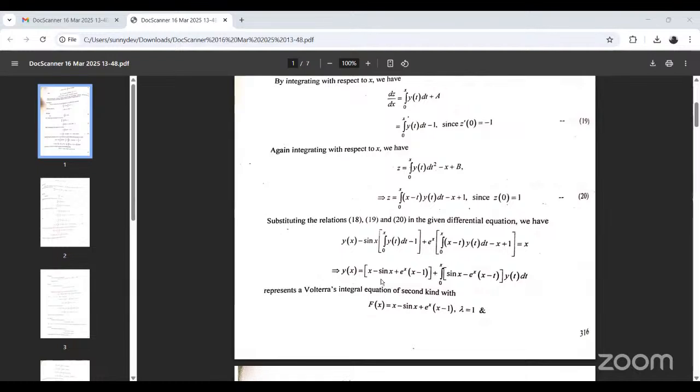What is the second kind? y of x equal to capital F of x plus lambda into the integral of k of x comma t and y of t dt.